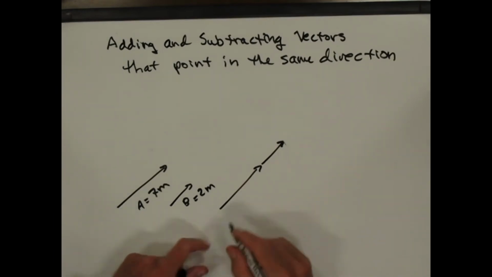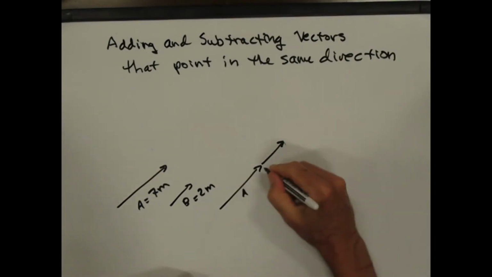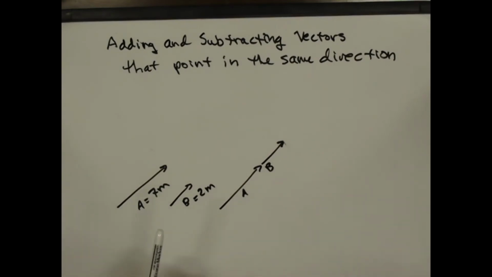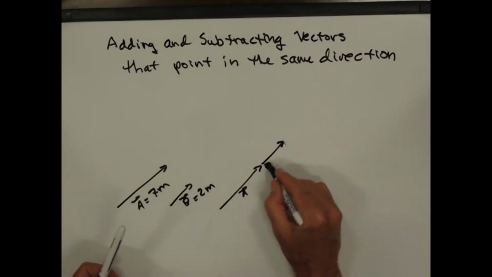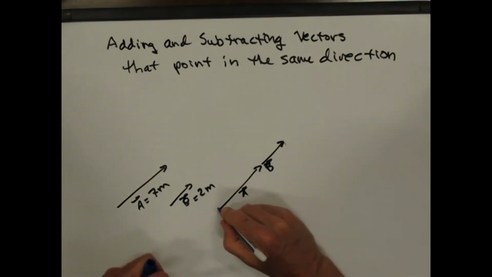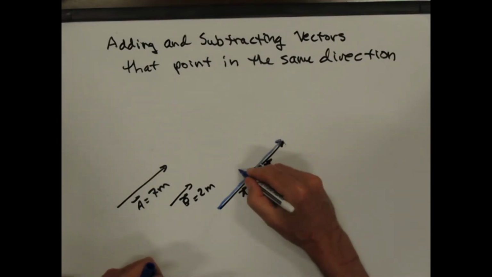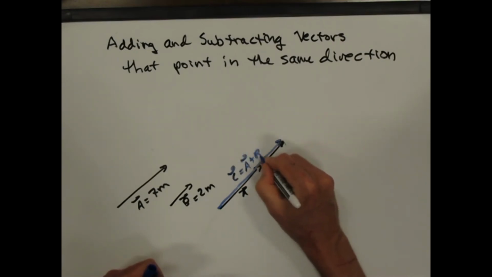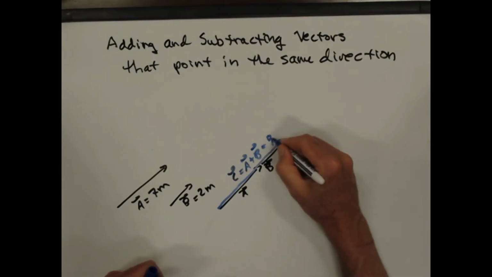So the standard way of adding them, if I was going to draw the vector C, I'd say C is A plus B. So here is A and here is B, right? I could technically draw these and indicate that they're vectors, I suppose. I would start at the tail of A and go to the tip of B. I draw it right next to them just so you can still see those vectors and I'm not writing over them. C is equal to A plus B, and its length is going to be 9, right?